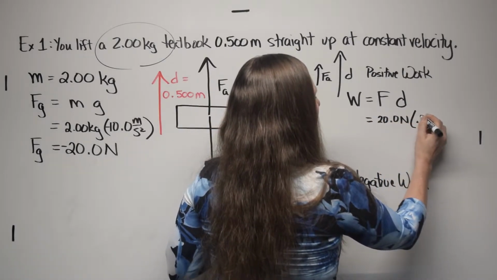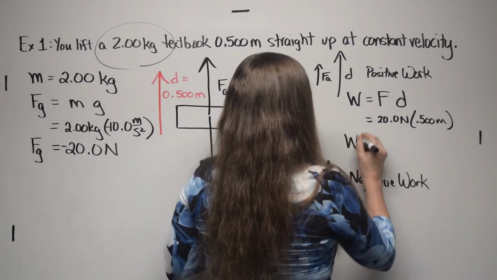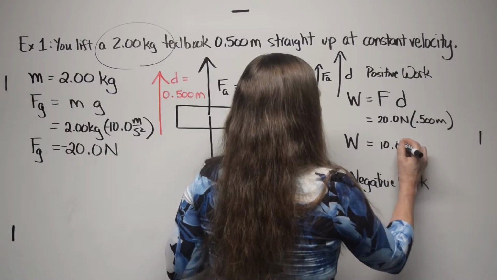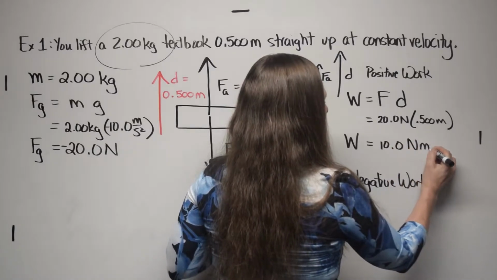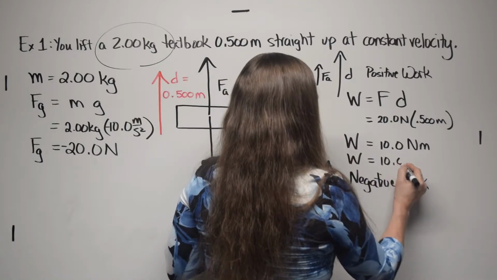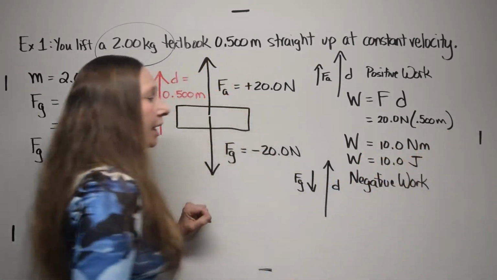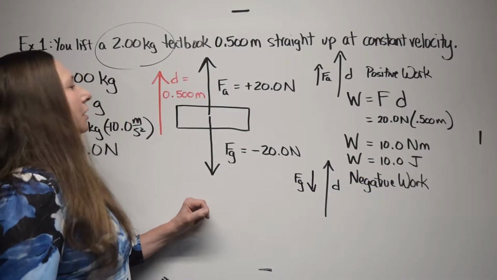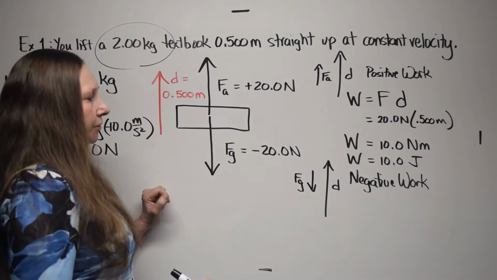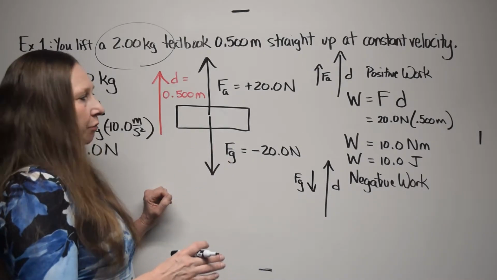The displacement is 0.5 meters. So the work done is 10.0 Newton meters, and that would be 10.0 joules. A Newton meter, see Newton times meter, a Newton meter is a joule. So the applied force does 10 joules of positive work.